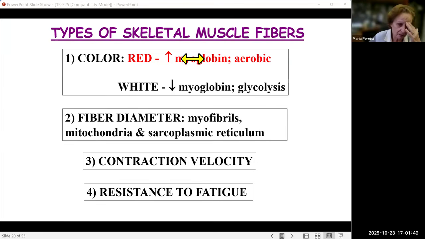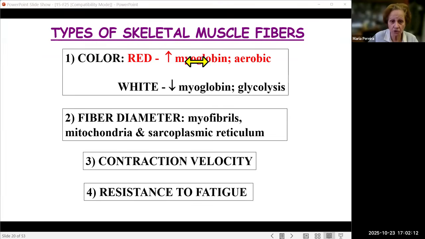These muscle fibers that are in the legs use the aerobic mechanism of ATP production. That's why there's more myoglobin, there's more oxygen, so this mechanism is improved, and therefore the legs don't tire as much.